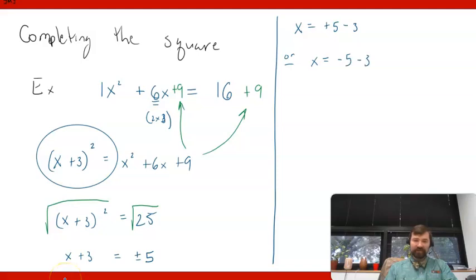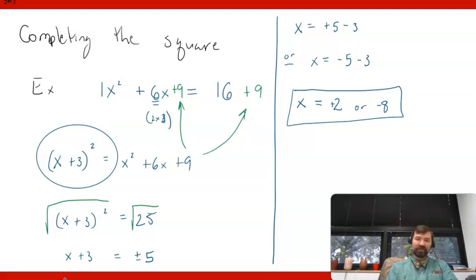Basically, I'm subtracting 3 from both sides. And so this basically means x is equal to either positive 2 or negative 8. Those are the possible solutions to x for this simple example that we've come up with.